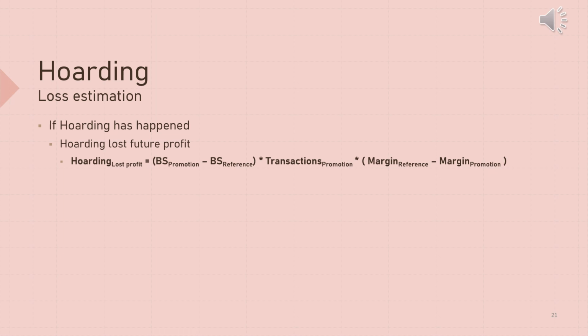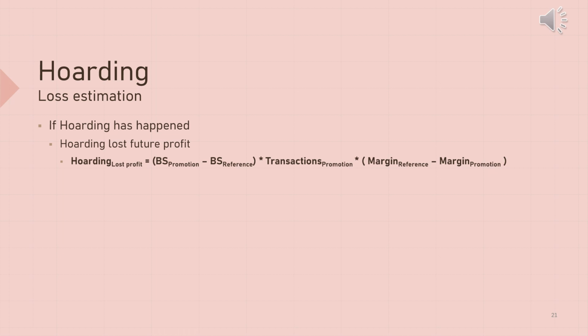So this is how we measure the lost future profit from hoarding. We find out the incremental basket size. We first determine whether hoarding has happened. If it has, then we look at the BS promotion. The basket size promotion minus basket size reference is the incremental basket size, which we consider as hoarding. Then we multiply that with the number of transactions during the promotion period.